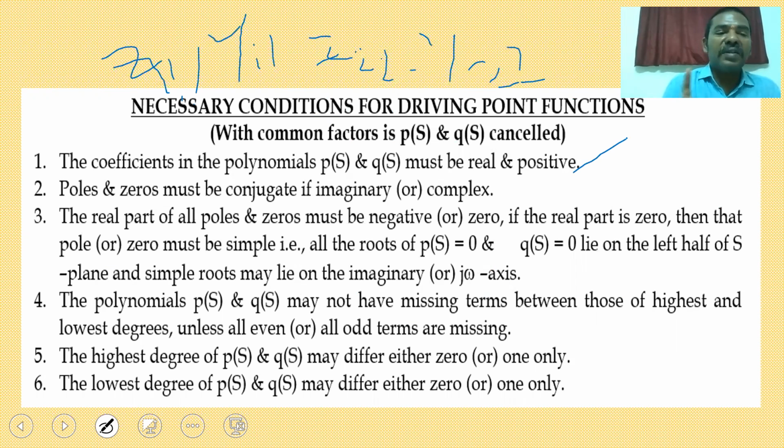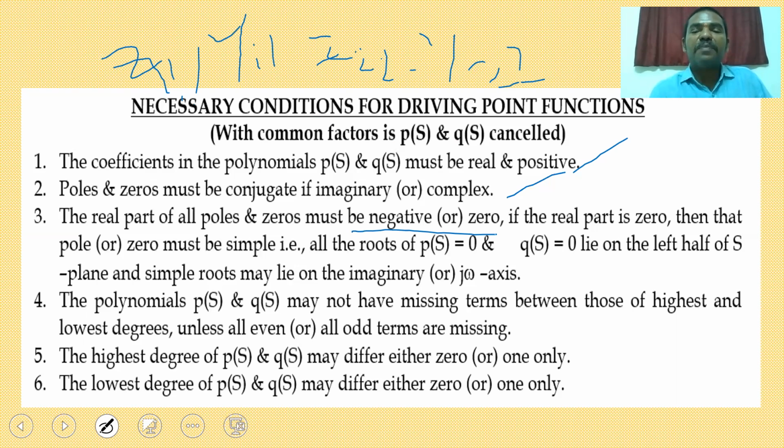Then for the poles and zeros, if any complex roots are there, they must be complex conjugates. Only one complex value will not satisfy the necessary condition. If complex roots are there, they must be complex conjugates only. Then the real part of poles or zeros must be negative or zero.